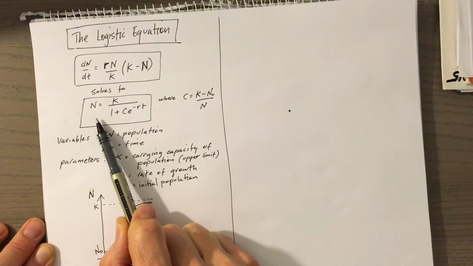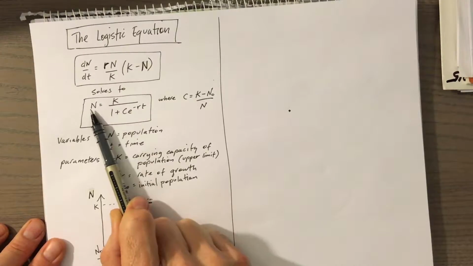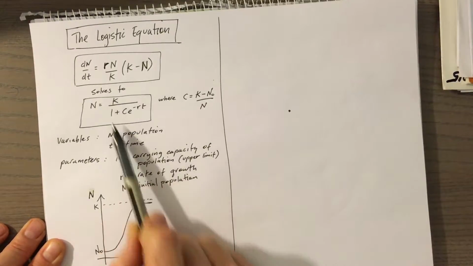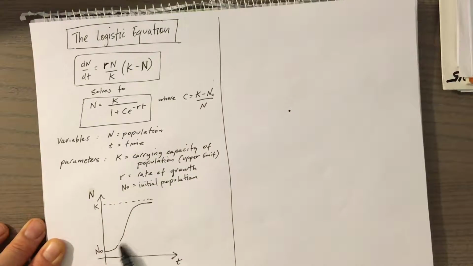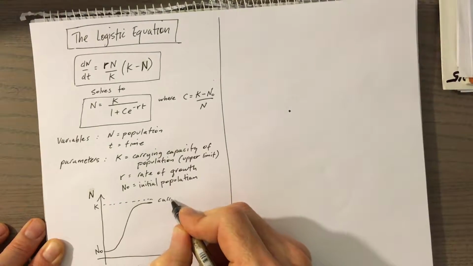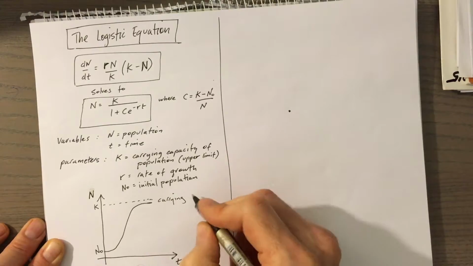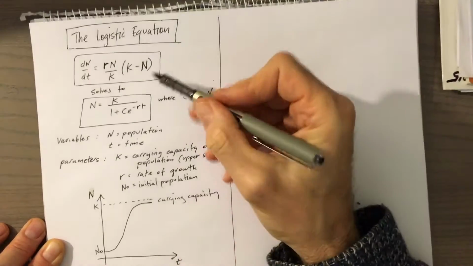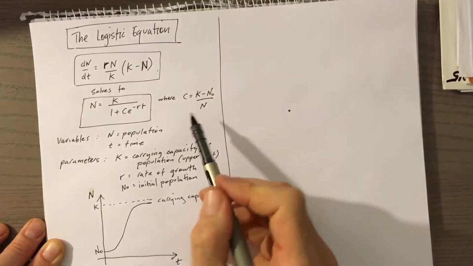This is the explicit form of n equals some function of t, time. The graph of this function looks exactly like this thing here, and it's asymptotic to the dotted line here, which is k, the carrying capacity. There we go, so this solves to this.